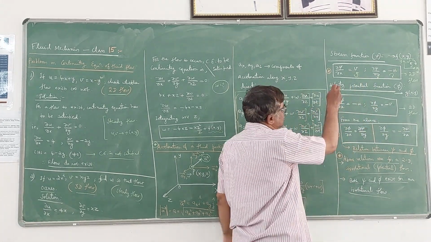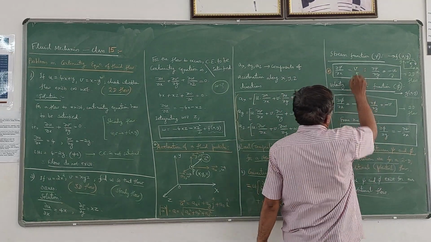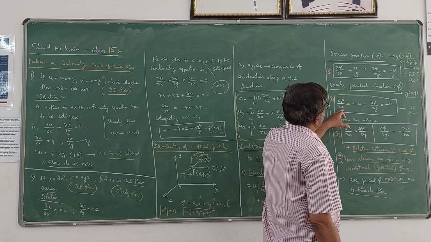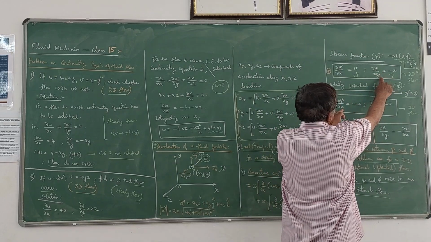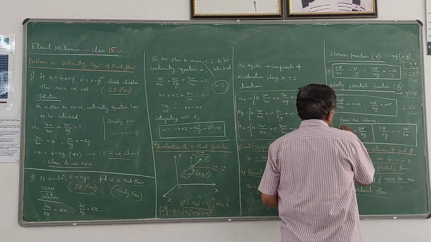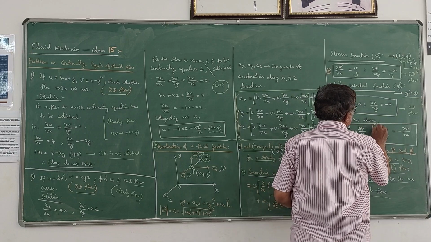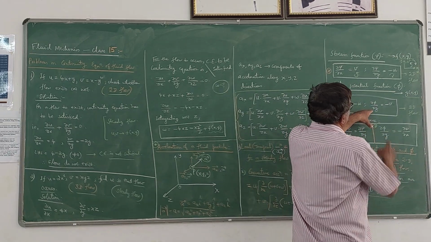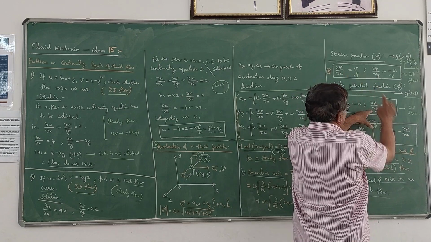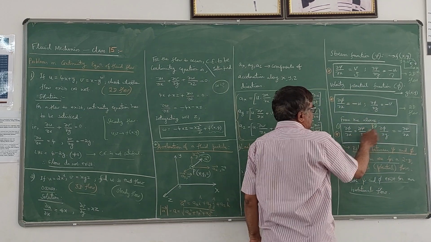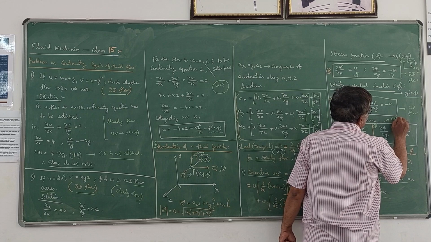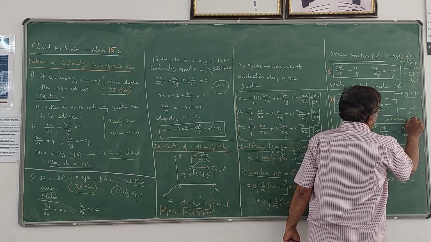By combining these two, what we can write here is ∂φ/∂x is the same as ∂ψ/∂y, because both are equal to minus u. This is the first relation. Second relation: ∂φ/∂y is minus v, but ∂ψ/∂x is plus v, therefore I have to take minus of ∂ψ/∂x. These two equations are also called the Cauchy-Riemann equations, or CR equations.